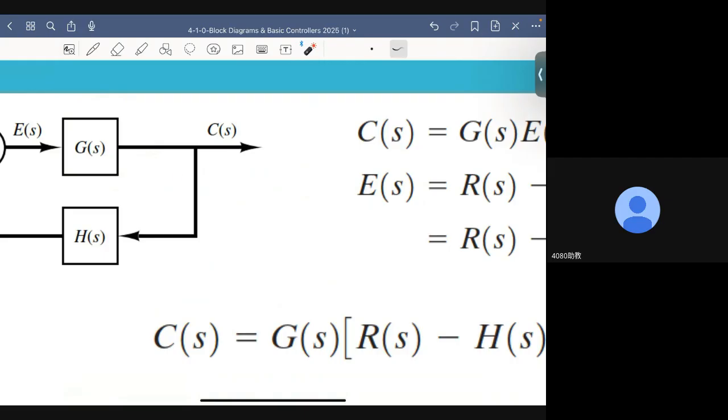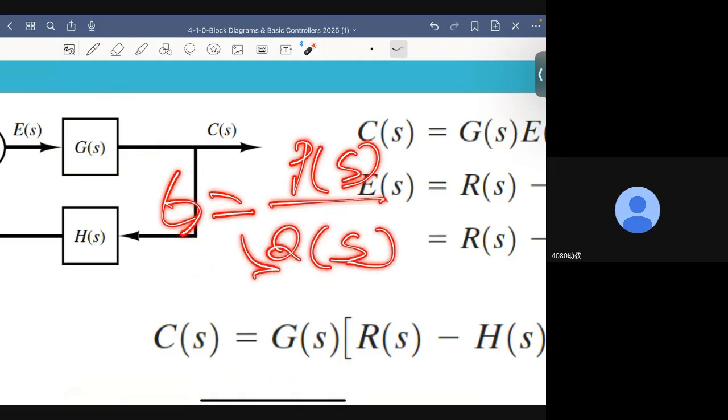For example, G, let's say it is made of P of X over Q of X. And Q of X is the denominator. And Q of X is the characteristic equation. And the roots of that characteristic equation are actually the poles of the system.